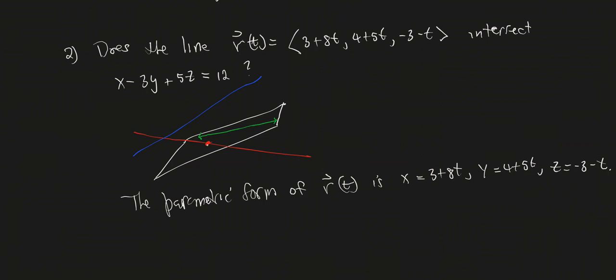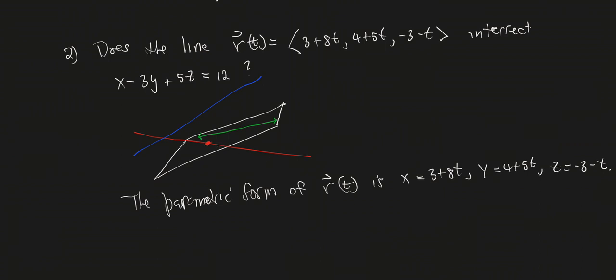If it's supposed to intersect, whether it's the green or the red, there would have to be at least one value of t such that when I plug that value of t into the equations for x, y, and z, I would get a point that lies in the plane. So in other words, the line and the plane would have at least one point in common.